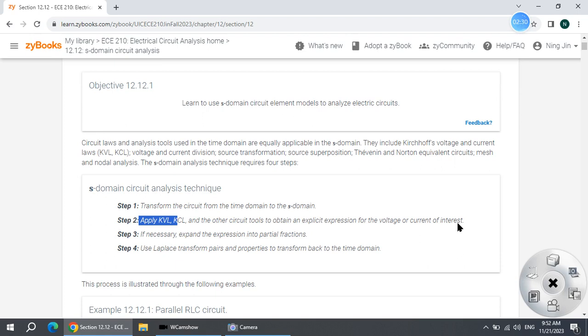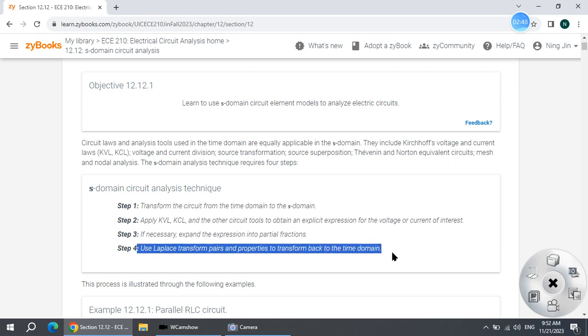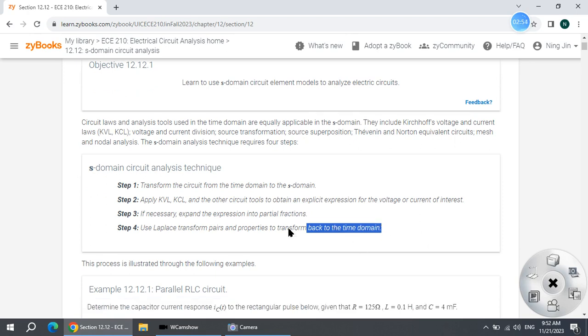Just write equations, then solve them, maybe using partial fractions. Then the inverse Laplace transform takes us back to the time domain. So we have 4 steps.